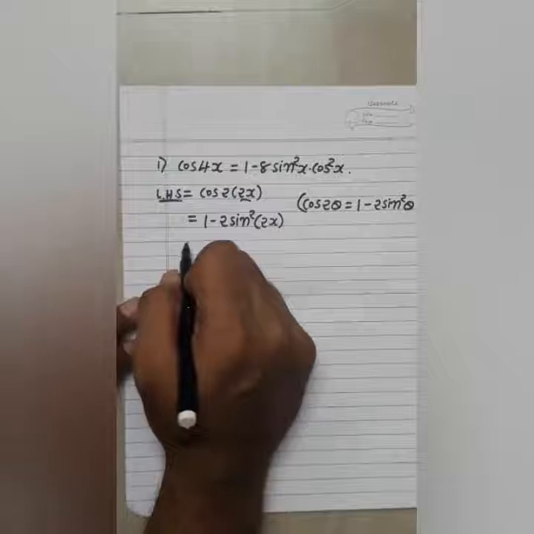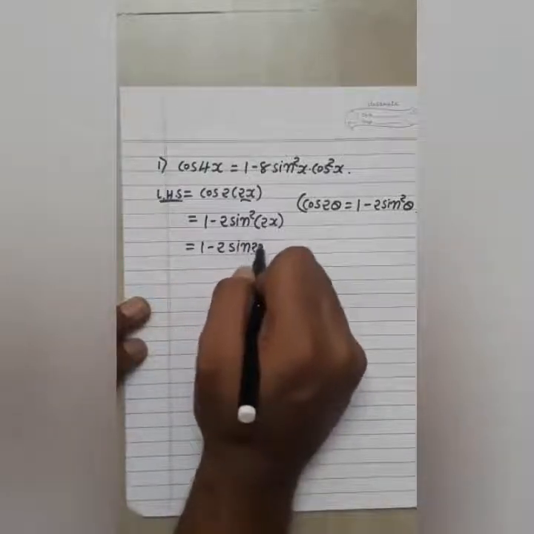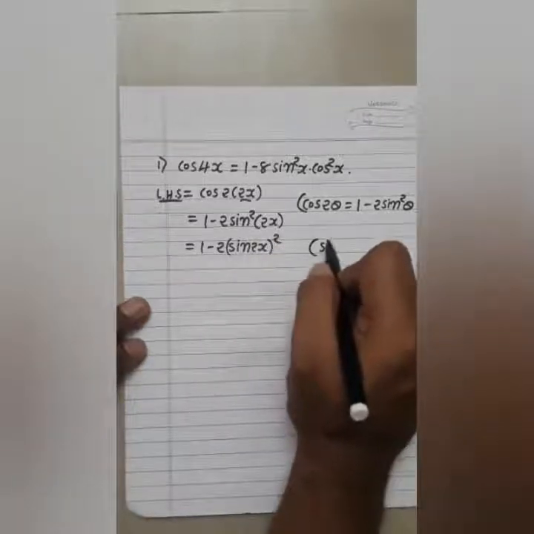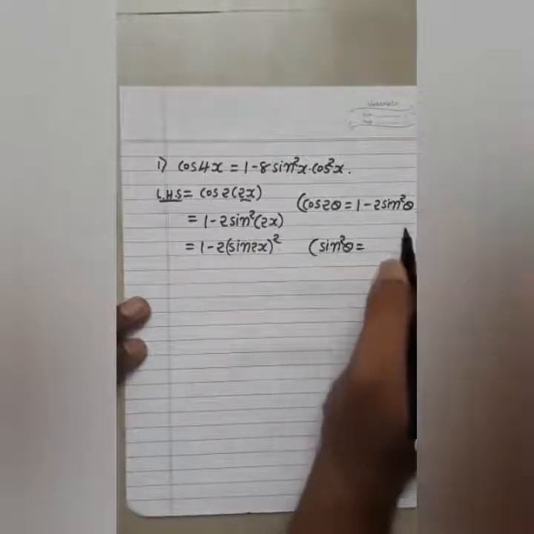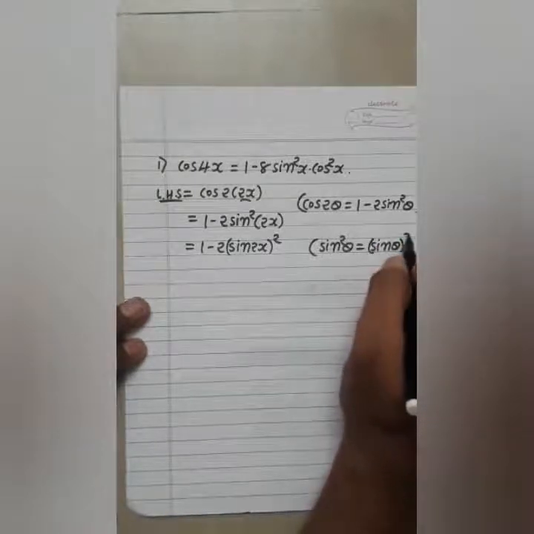Now we can also write 1 minus 2 sin 2x whole square, because sin square theta, we can write as sin theta whole square also.